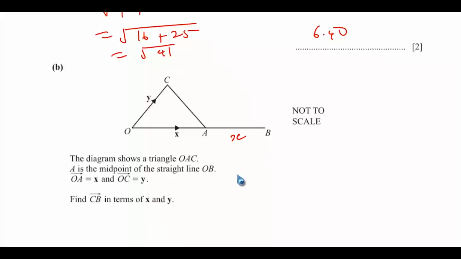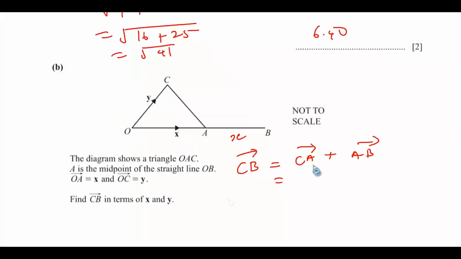So the vector CB will be CB equals CA plus AB. Then let's substitute the values. AB is equal to x. And CA is the vector CO plus vector OA.